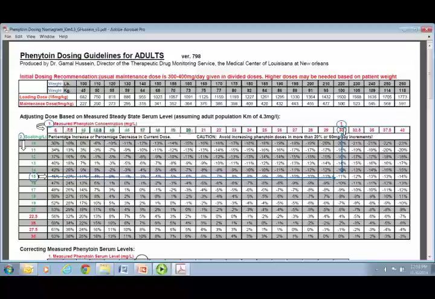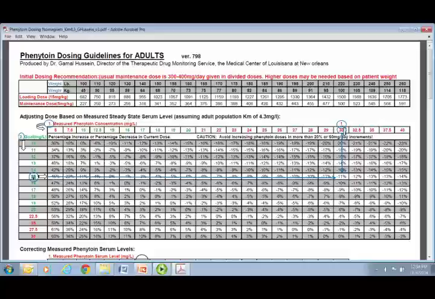Based on the row here. So let's say the measured phenytoin is 30 as step 1 here. Okay? And we want a level of 15. So this is the goal here. Step 2 goal, you pick from the green line here, 15. So the current level is 30, and we want a level of 15.